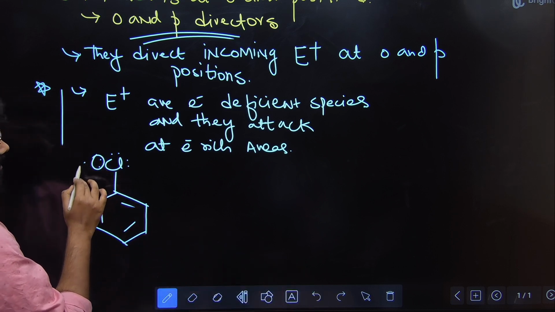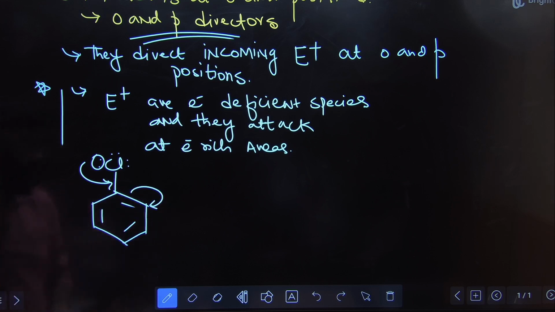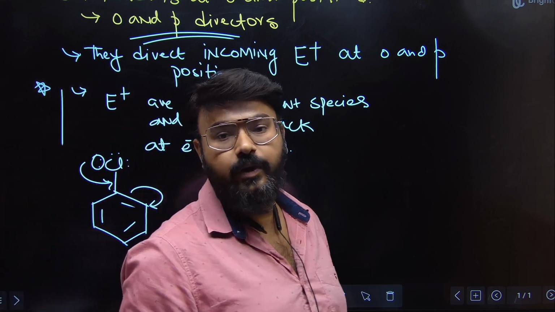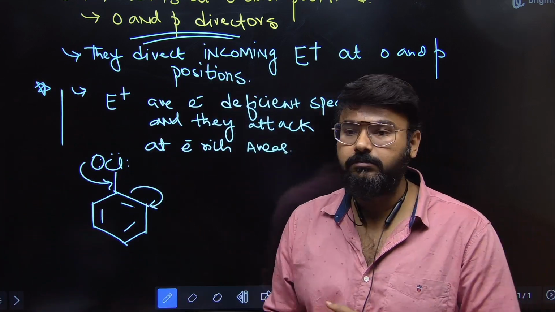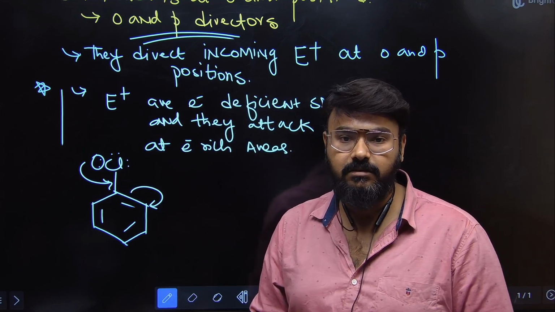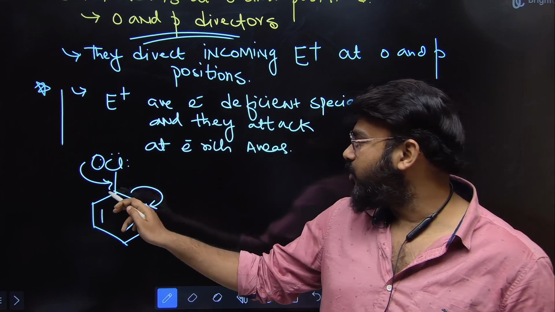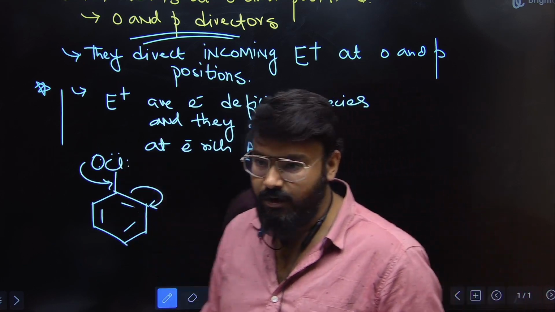The lone pair came here and it went there, right? Now tell me, the lone pair is going inside the ring or outside? It's coming inside, right? It's not going away, it's going towards the ring.